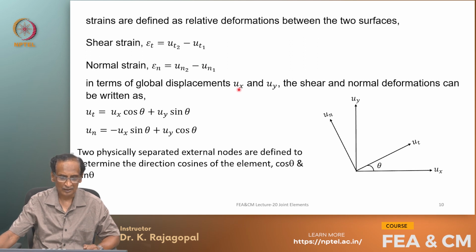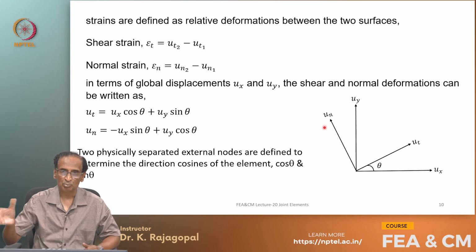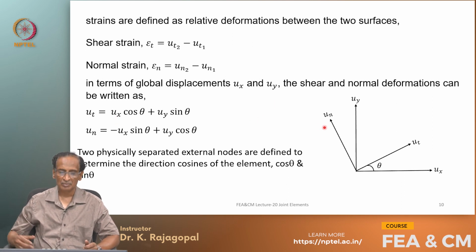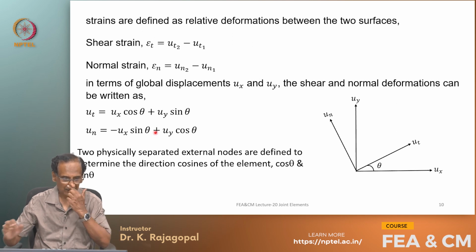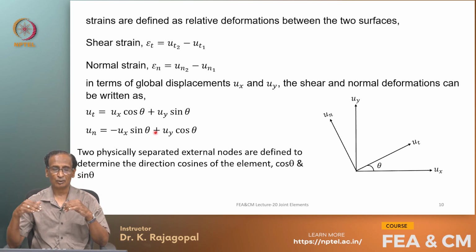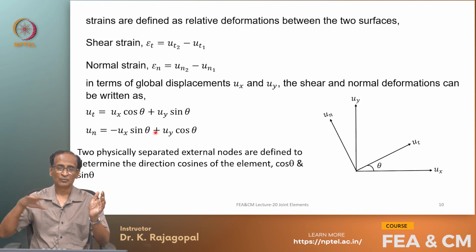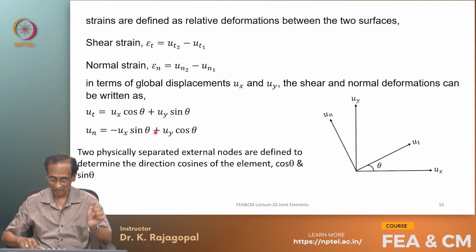And in terms of the global displacements ux and uy, we can get the local displacements by applying our direction cosines, cosine theta and sin theta, like this. And then apart from these two nodes, node 1 and node 2, we define two other nodes, node 3 and node 4, for getting our tangential direction.